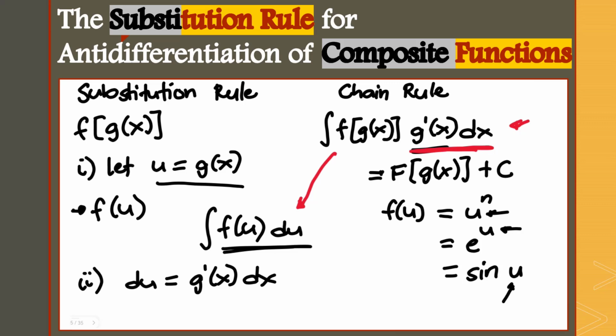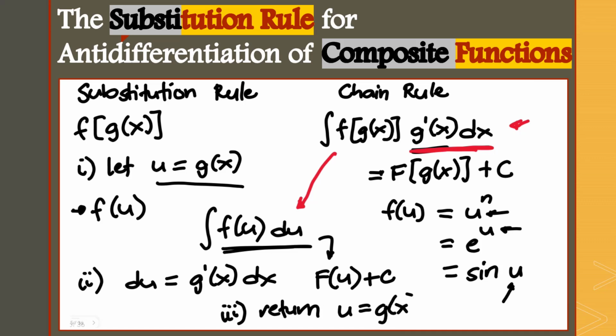Now let's not forget that once we are integrating this, we will have a function of f of u plus c. But it's very important to note that the final result would still return u to g of x.